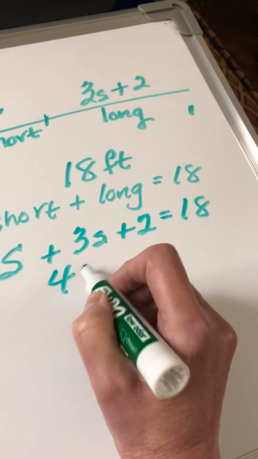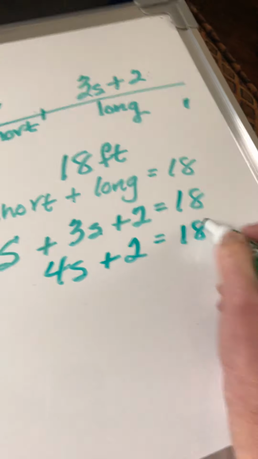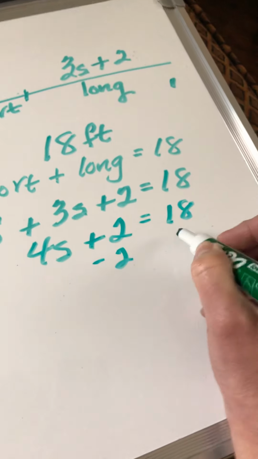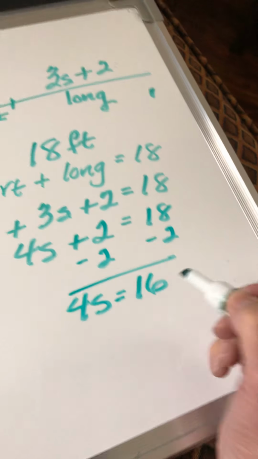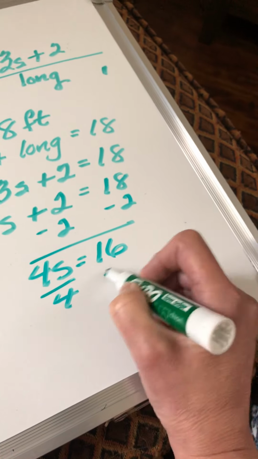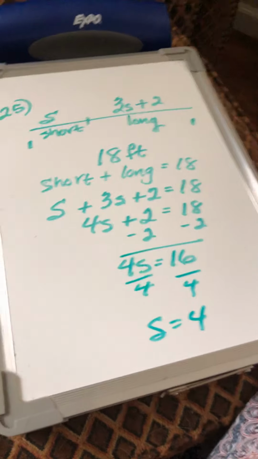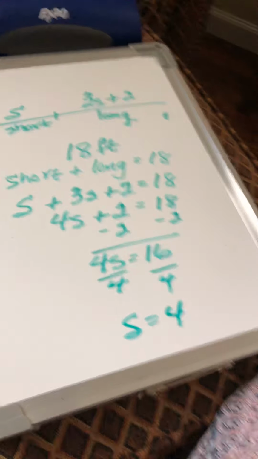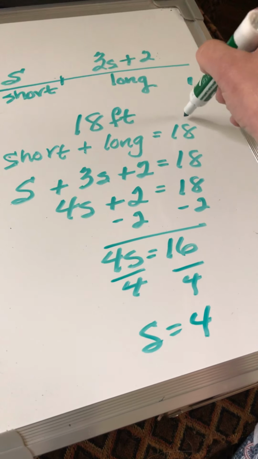Like terms. Isolate your variable. Isolate it some more. Oh, cool. Okay, so we find out that the short piece is 4 feet long. Well, didn't we start with 18 feet?